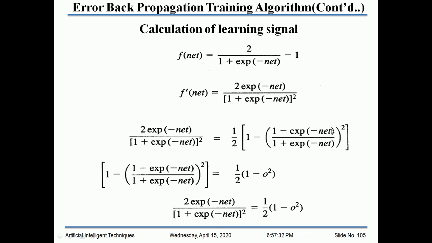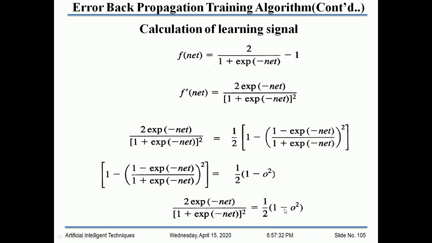So that is nothing but O, which is f of net. So this entire thing is nothing but O. So f dashed of net is nothing but half into 1 minus O square.